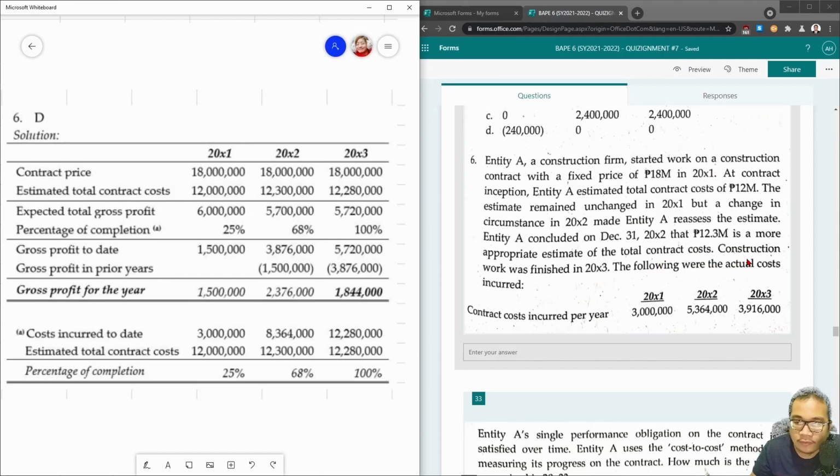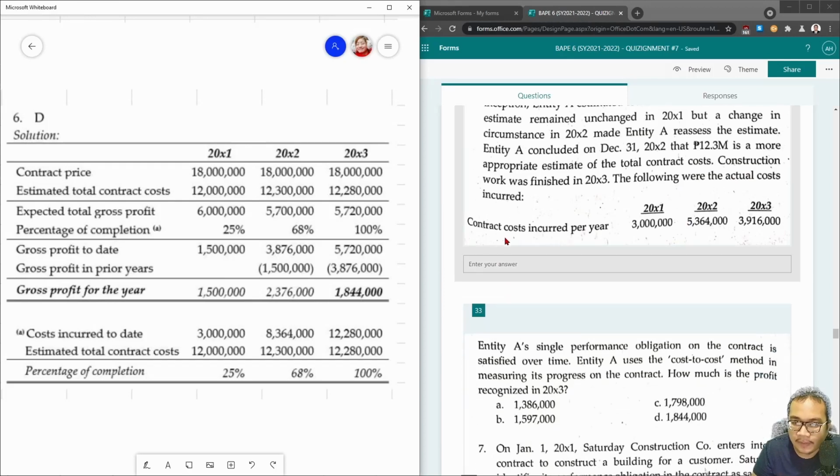Construction work was finished in 20X3, the following were the actual costs incurred. So, nagkaroon ng PAS 8 tayo dyan, prospectively, tandaan nyo. Contract cost incurred per year, di ba? 20X1, X2, and X3: 3 million, 5.364, and 3.916.